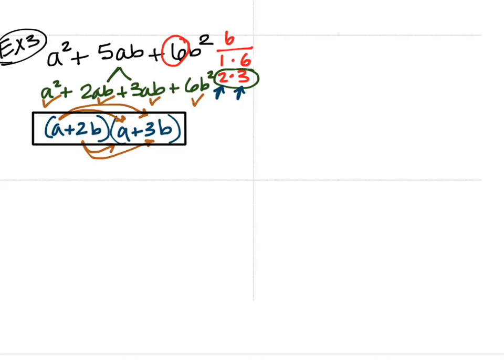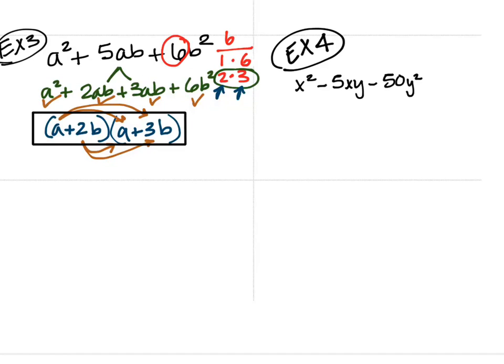So example number 4 we're going to use has x squared minus 5xy minus 50y squared. Now when I take a look at this, I notice that I again have two variables. I have x and y as variables in this polynomial, and again it's alphabetical. So x comes before y, so it in fact is in descending order.